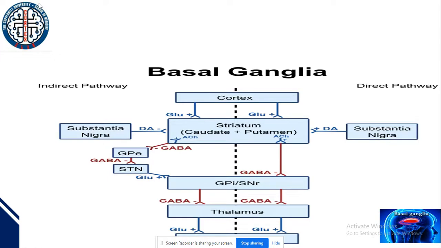Again, if we focus much attention on the indirect pathway, let's say we still have less GABA being produced from the caudate nucleus. Once less GABA is produced, it means there will be less inhibition of the globus pallidus externus. Once that happens, the globus pallidus externus is going to produce more GABA. So that more GABA is going to have much influence in inhibiting the subthalamic nucleus.